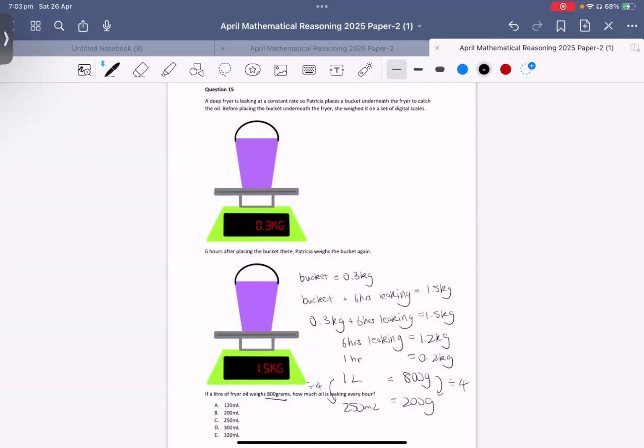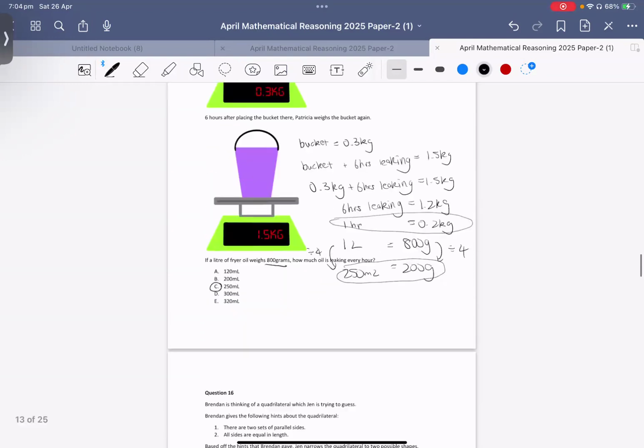Why did I divide by 4? Remember, 1 hour was 0.2 kilograms, or 200 grams. And the equivalent of 200 grams here would be 250 milliliters of oil. So our answer for question 15 would be C. Okay, hopefully that makes sense. I'm going to move on to 16.